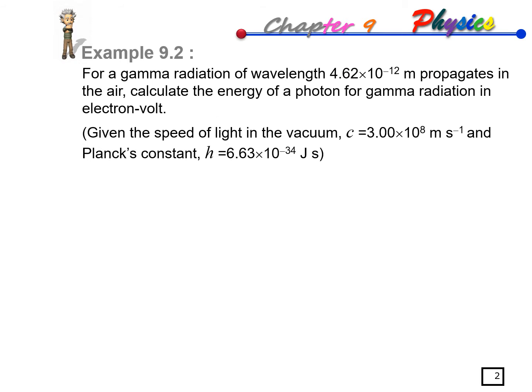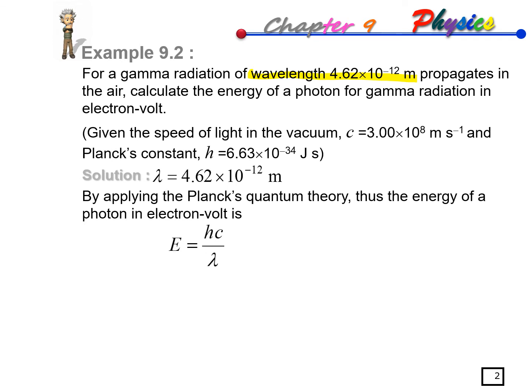For example 9.2, we have a gamma radiation, and the value of the wavelength given over here, propagates in air. Calculate the energy of a photon for gamma radiation in electron volt. For calculation, we can do it like example 9.1.